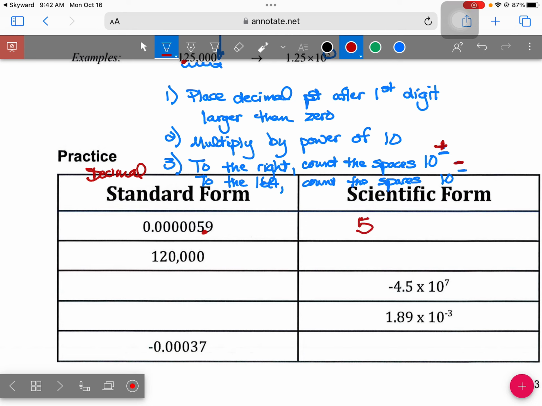So this now becomes 5.9. I don't need to do anything with all those zeros. Times 10. Now, what did I have to do to get from 5.9 to this number? I had to go 1, 2, 3, 4, 5, 6 places to the left. So that is going to be times 10 to the negative 6 power.